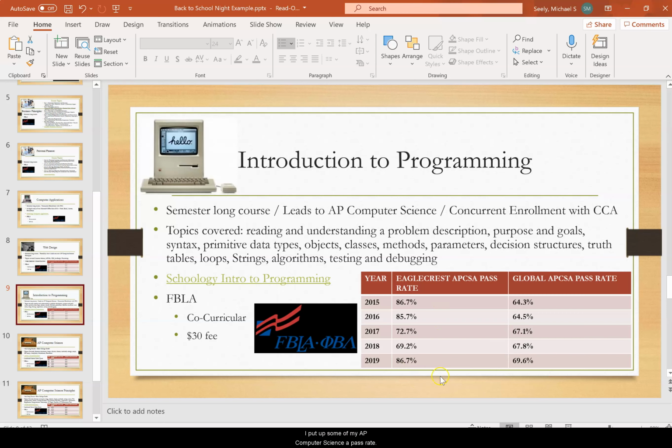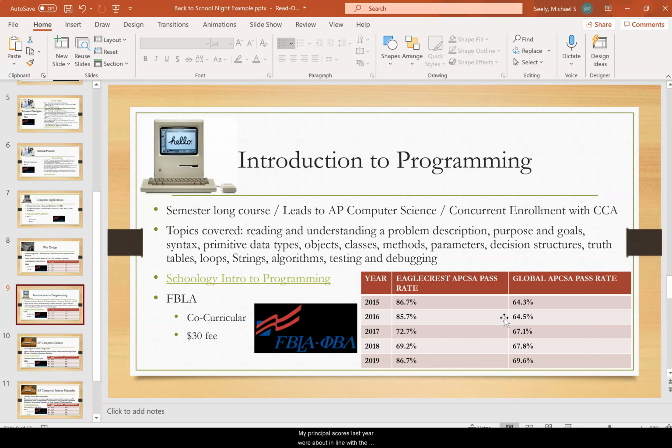I put up some of my AP Computer Science A pass rates. You can see I have high expectations and do pretty well throughout the years. My scores are usually higher than the global pass rate.